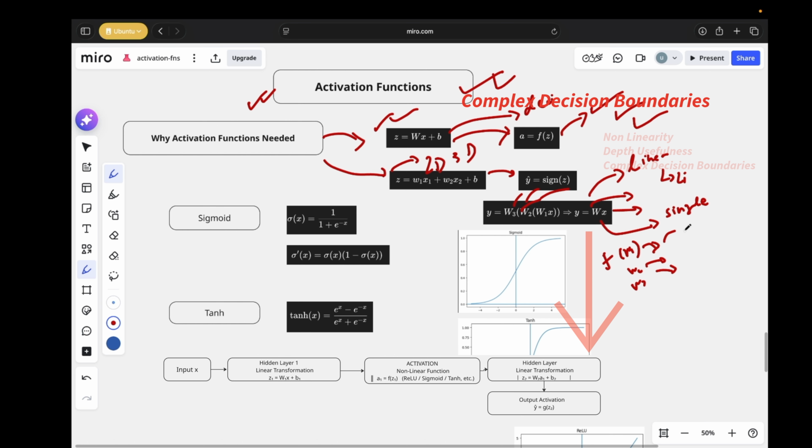So these are the two main important points on why activation functions are needed. There are a lot of others also, but I have mentioned the basic two reasons.